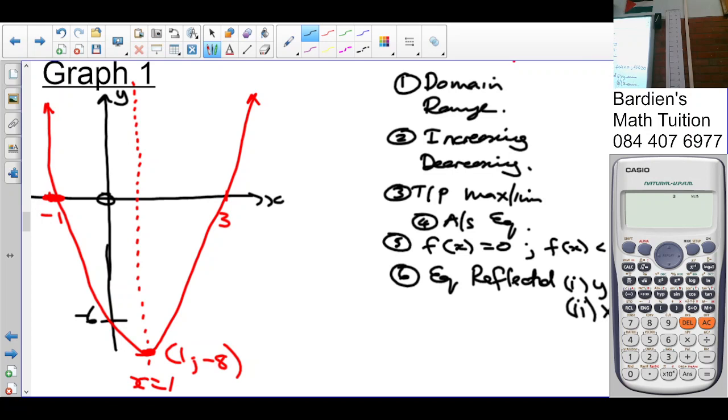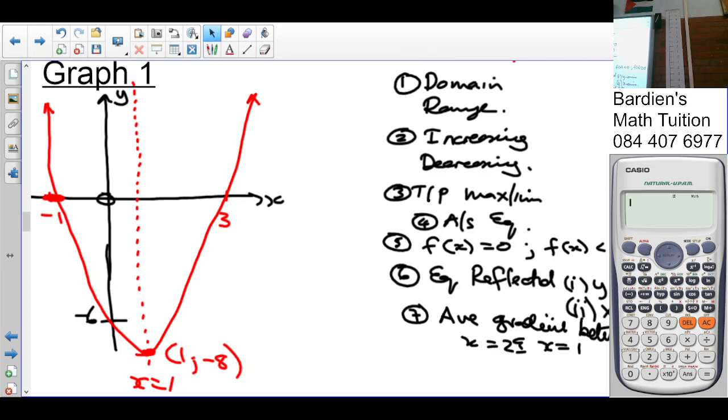Okay? Then number 7, we're going to look at the average gradient, and I'll speak about this later on, the gradient between x is equal to 1 and x is equal to 2. Okay? Yes?